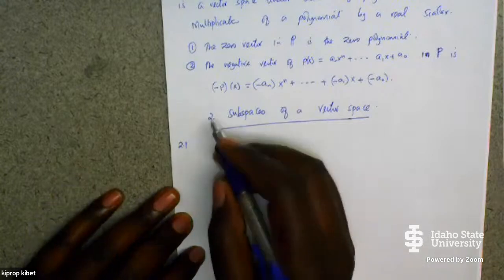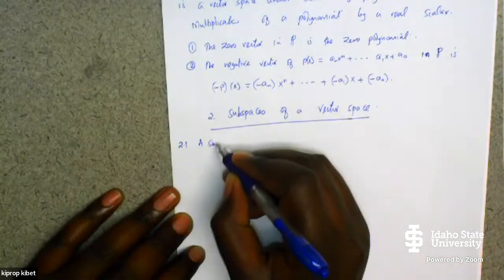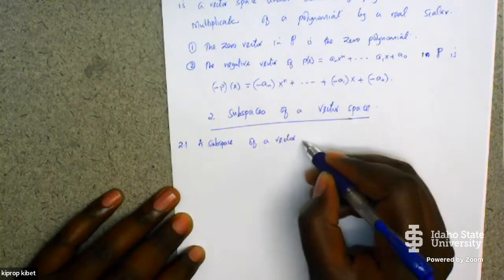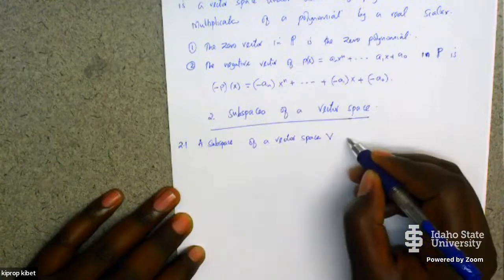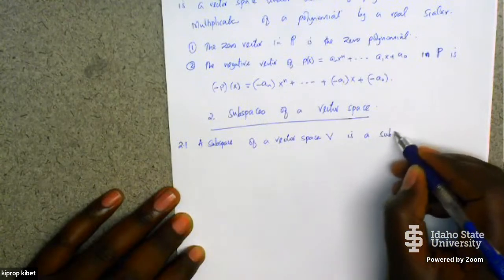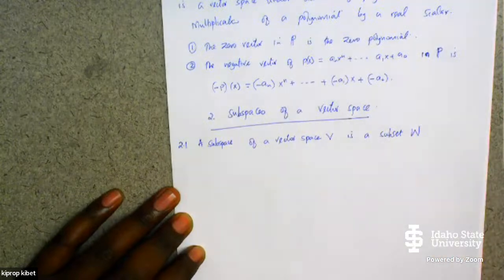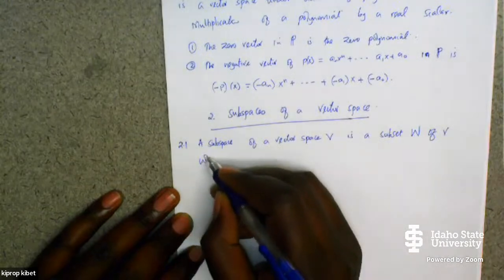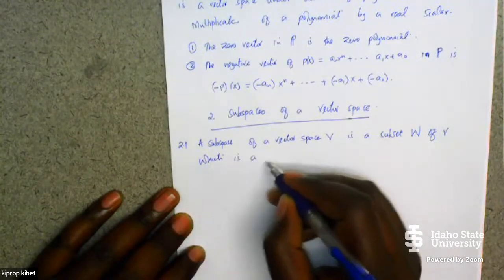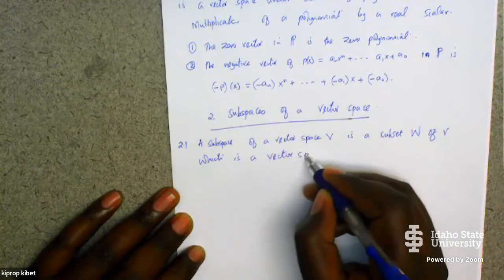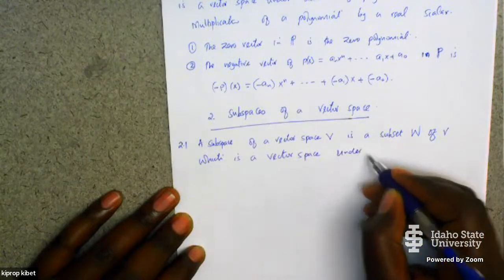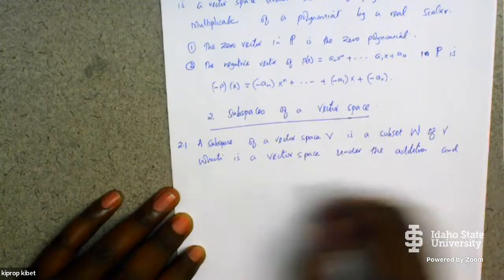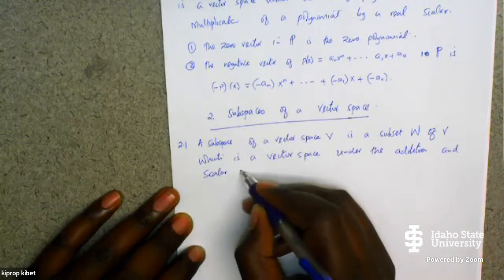So we said a subspace of a vector space, let's say V, is a subset, which we named W of V, which is a vector space under the addition and scalar multiplication.